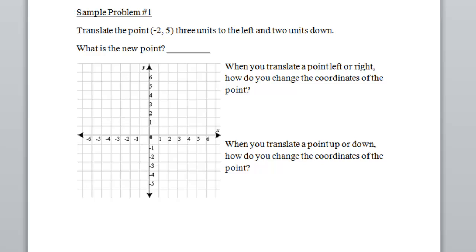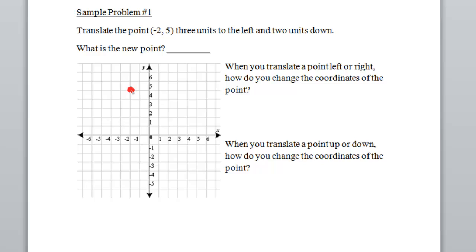Okay, in sample problem 1, it says to translate the point (-2, 5), 3 units to the left and 2 units down. So first things first, we've got to get (-2, 5) on the graph if we're going to translate it. So I'm going to go -2 on x, up to +5, and that's a point.